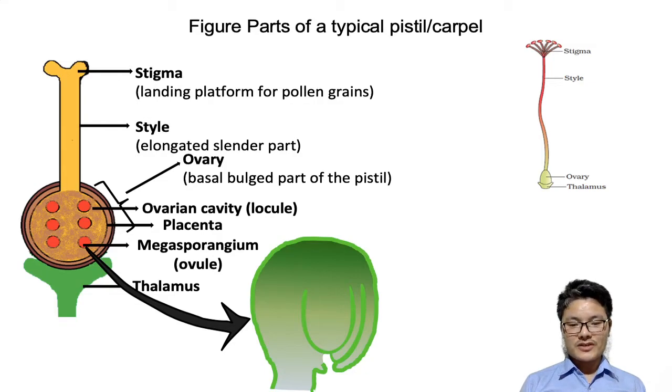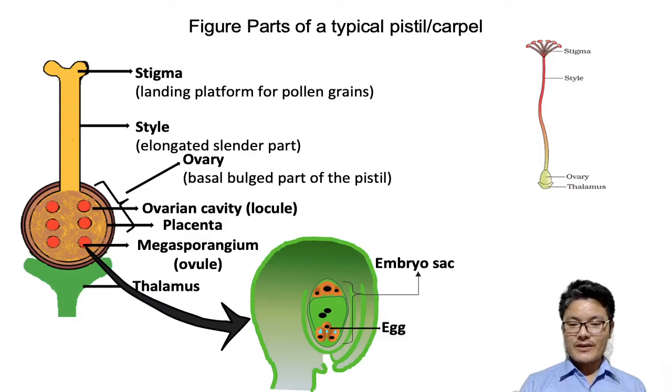Not all ovules are the same, so this is an upside down diagrammatic representation of an ovule, and inside the ovule we have the embryo sac. Within the embryo sac we have egg cells. Egg cells are present within the ovule, and the ovule is present within the ovary. So the ovule or megasporangium is protecting the egg.